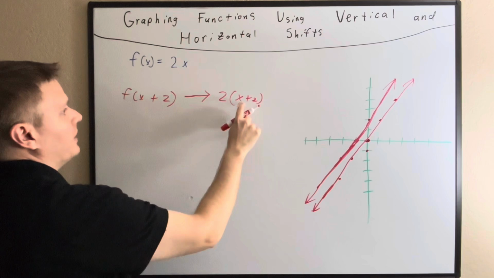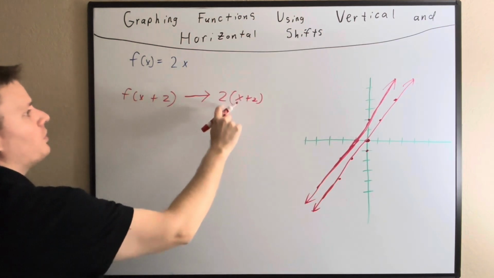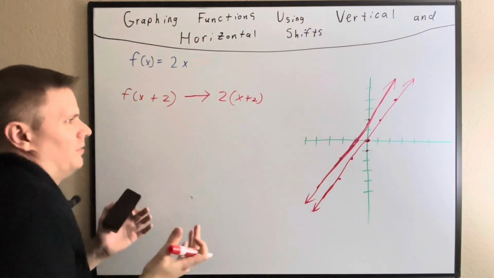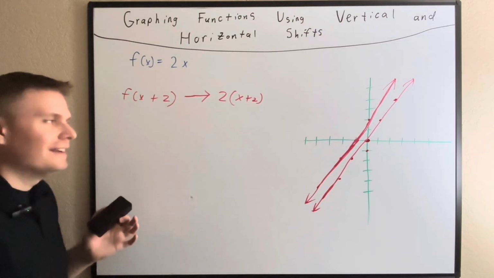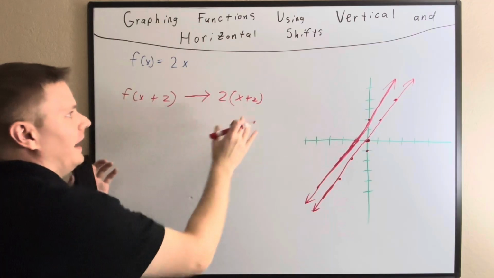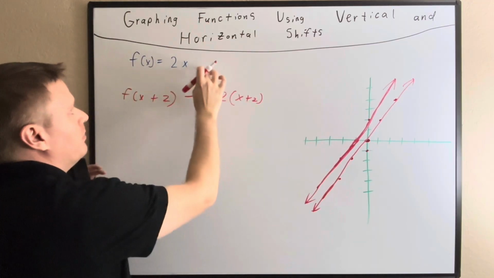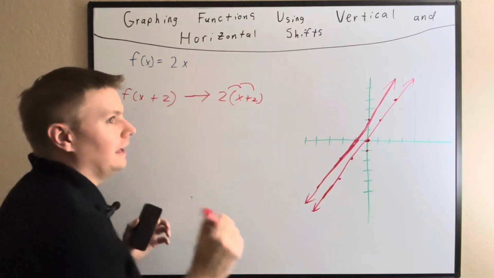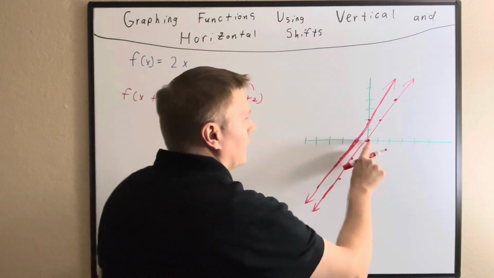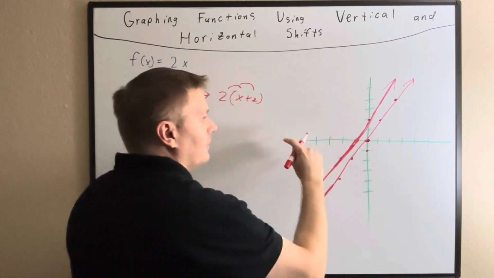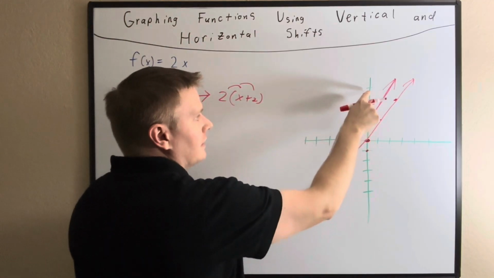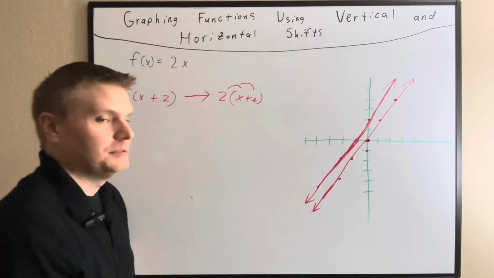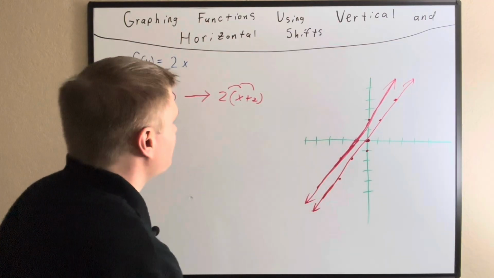We're taking that input and adding 2 to it before we're multiplying by the slope. You're like, wait, what? That would be changing the b value too, wouldn't it? Because we're using the distributive property. Yes, it would, because when you move a line to the right or to the left, you're changing its vertical y-intercept, its vertical position as well.